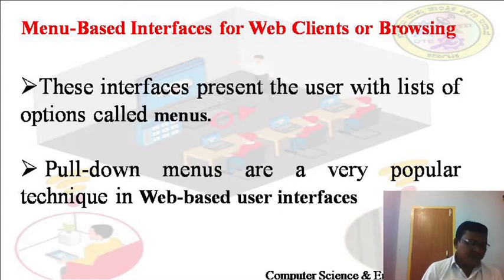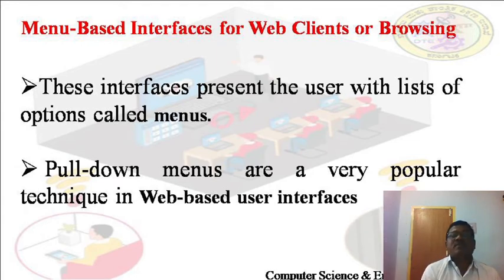Menu-based interfaces. These interfaces present the user with a list of options called menus. Pull-down menus are a very popular technique in web-based user interfaces. That means the user will have a list of options called menus. You are not typing anything, you just check whatever you want.